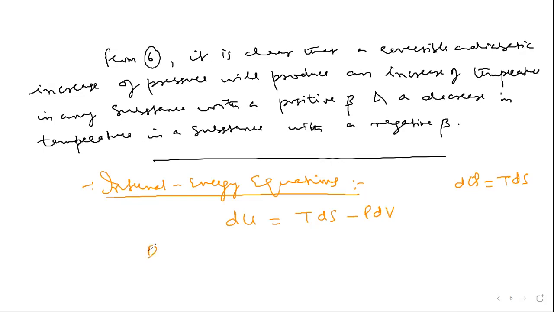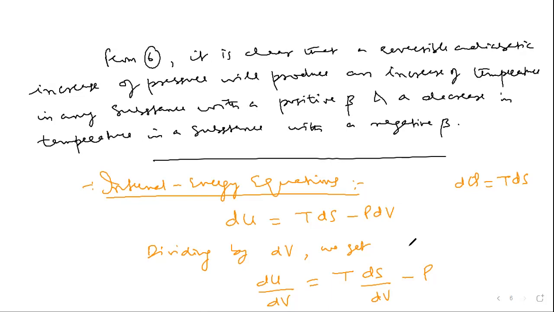So dividing by dV, we get dU by dV is equal to T dS by dV minus P. In the case of this term, dV will cancel out.